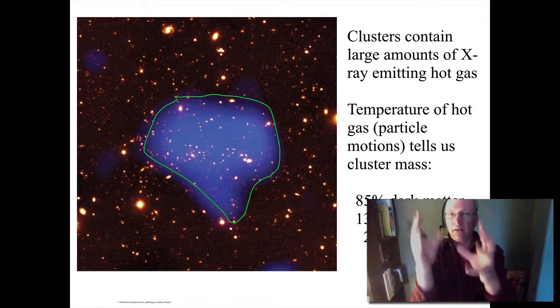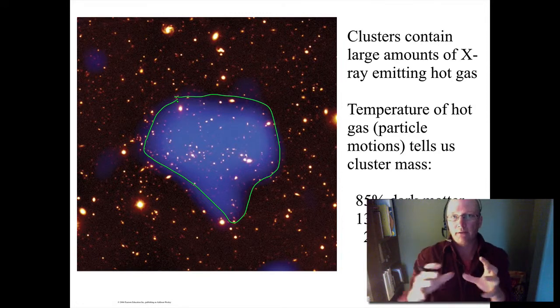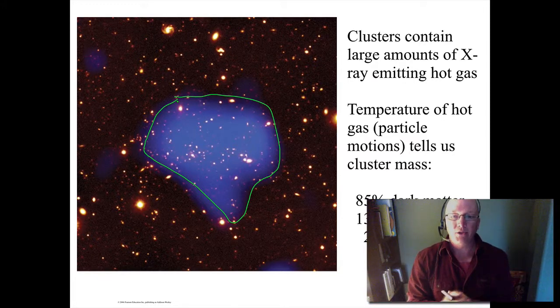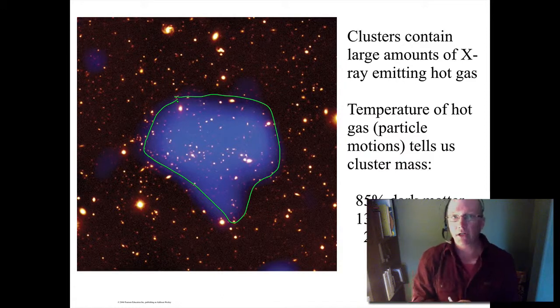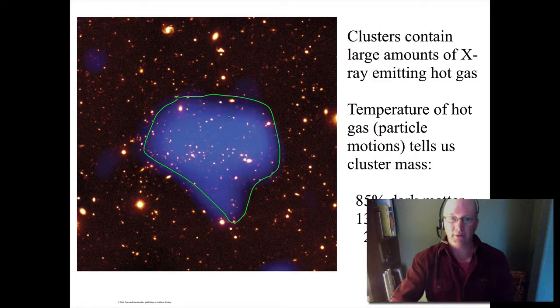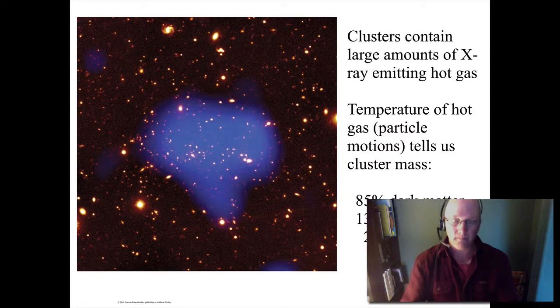So if you see a big clump of highly energetic material emitting X-rays, you know there has to be a ton of gravity there holding it together. And so when we do that, we see that about 85% of the material in here has to be dark matter, about 13% hot gas, and 2% stars. So the visible matter in here is very, very small.